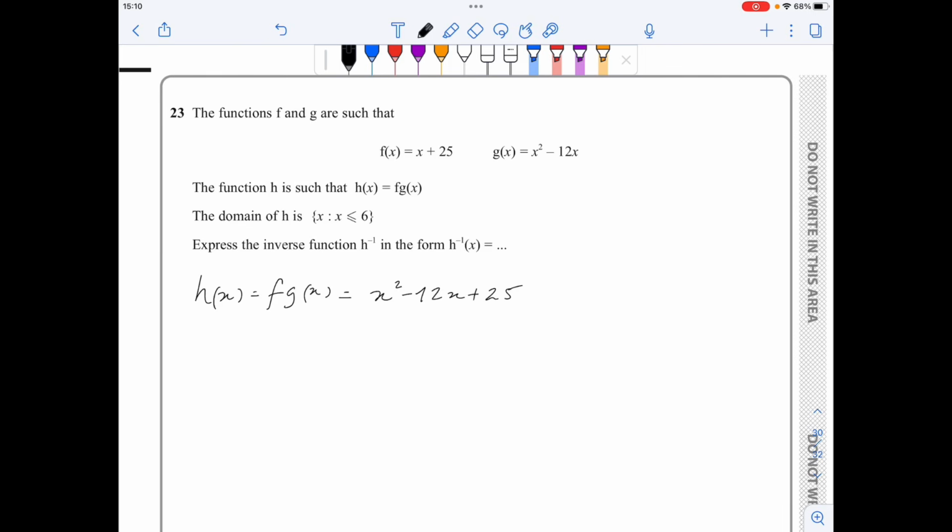And in order to find the inverse, I'll first have to complete the square. So I get (x minus half of 12, which is 6) squared, minus 6 squared, and plus 25. So (x minus 6) squared minus 36 plus 25, which gives me (x minus 6) squared minus 11.